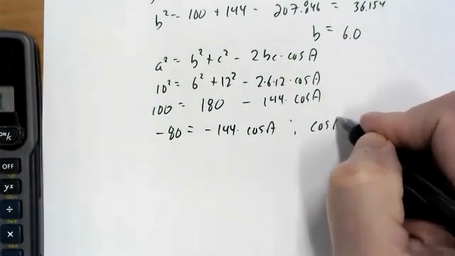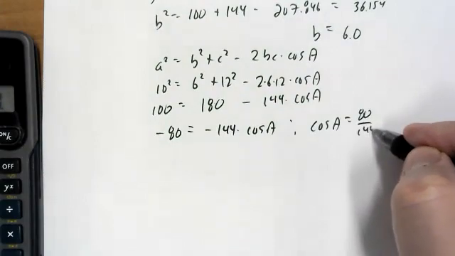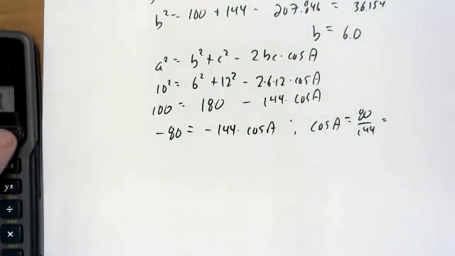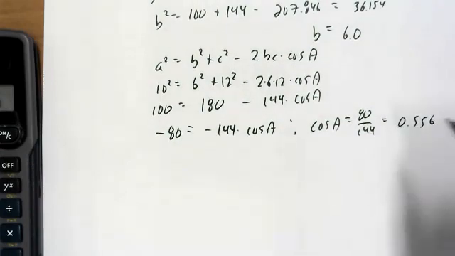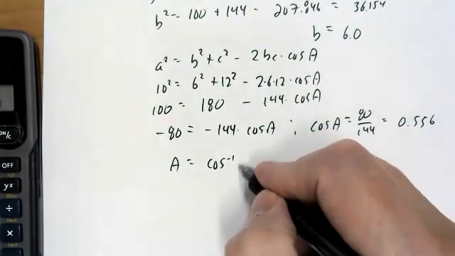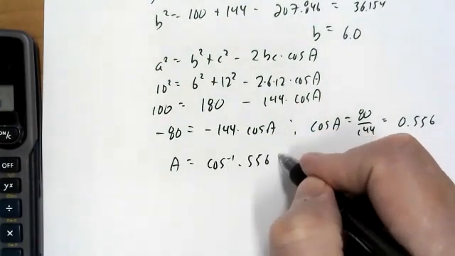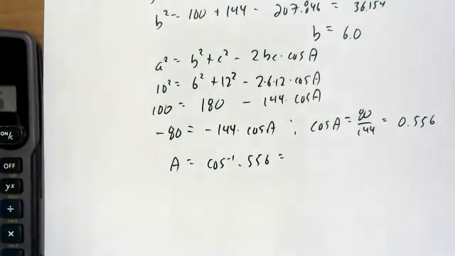So you have cosine of A equals 80 over 144, which equals 0.556. So A equals the inverse cosine of 0.556. So it's like 56.2 degrees.